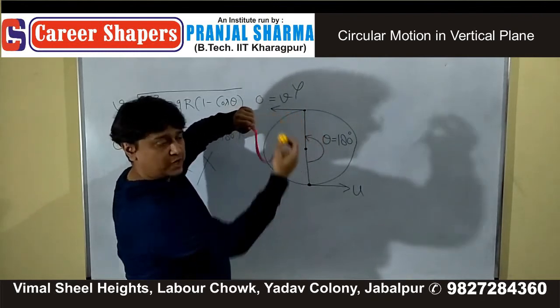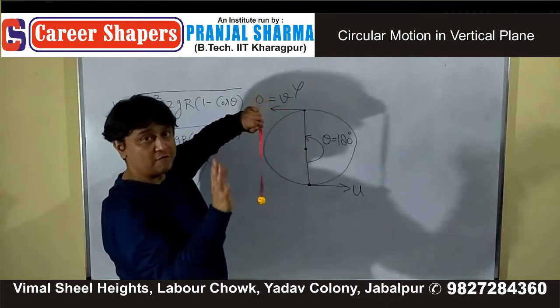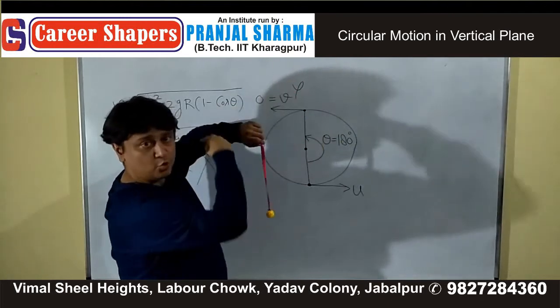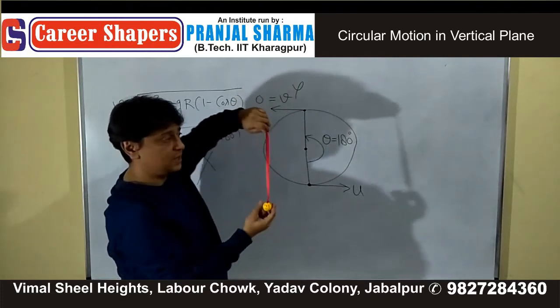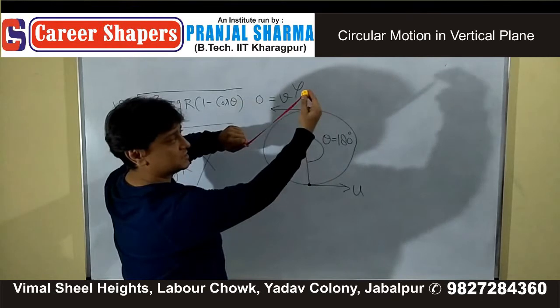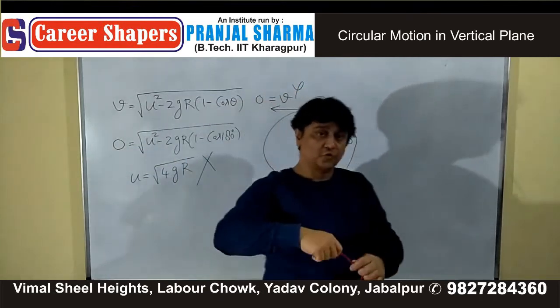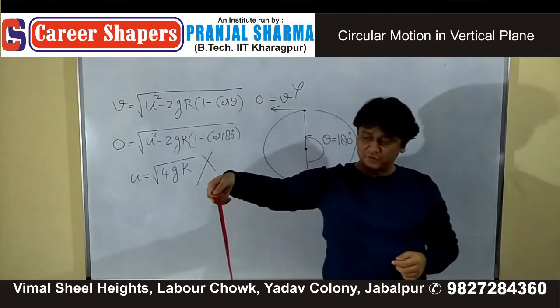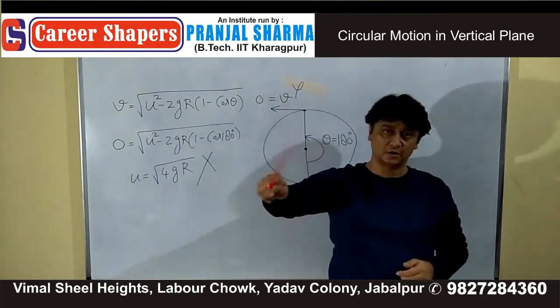It kept on moving. Look again. It never stops. What happens if velocity is not sufficient? Then it simply does this. Look again. If you have sufficient velocity, then it will complete the circle.